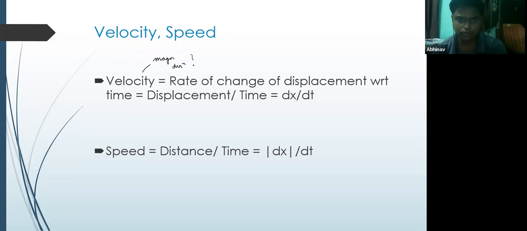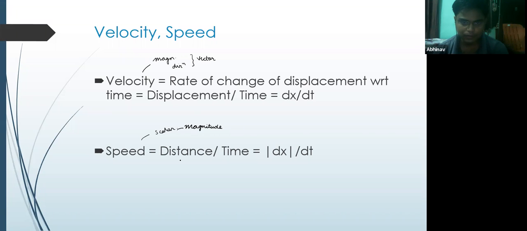So velocity is also a vector quantity. Okay, and speed is a scalar quantity, which is having only magnitude.